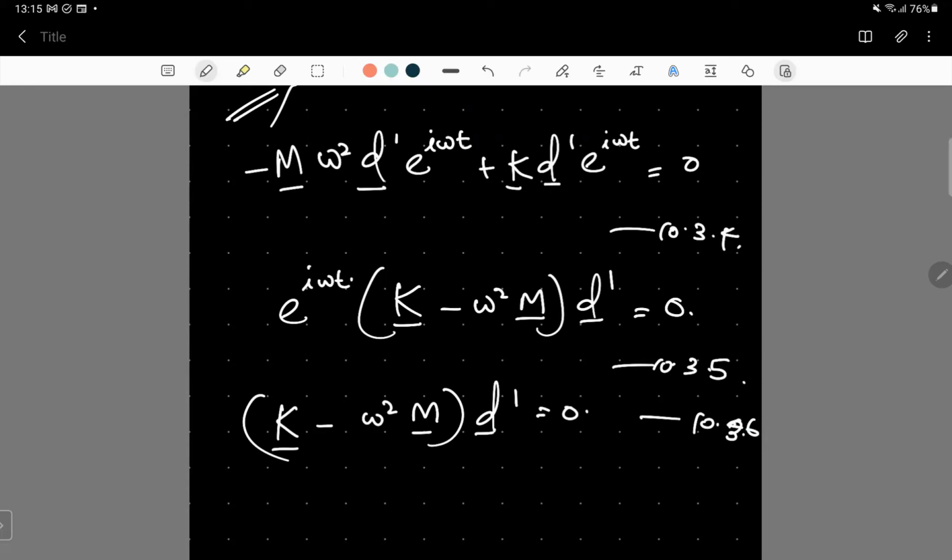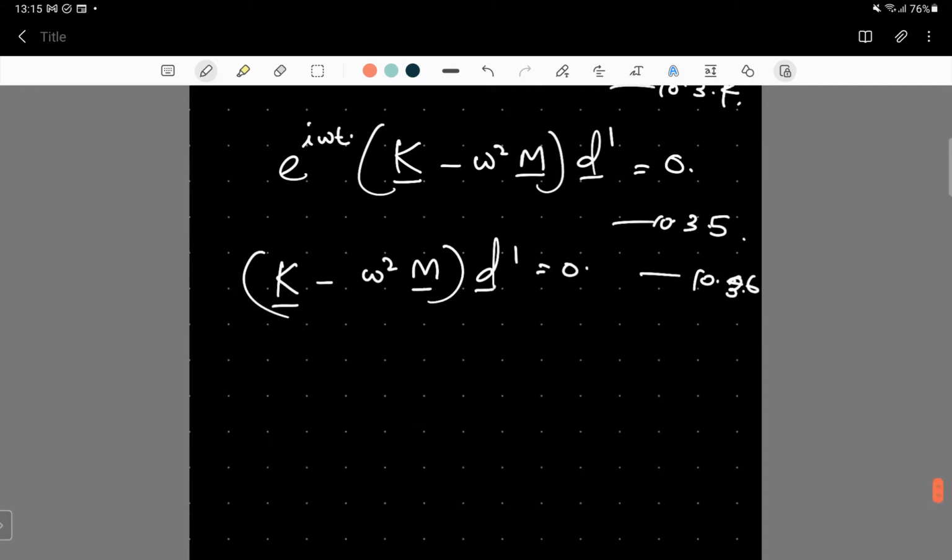So we know this equation is a set of linear homogeneous equations in terms of displacement mode d dash. Because equation 10.3.6, the one we just wrote, has a non-trivial solution if and only if the determinant of the coefficient matrix of d dash is 0.